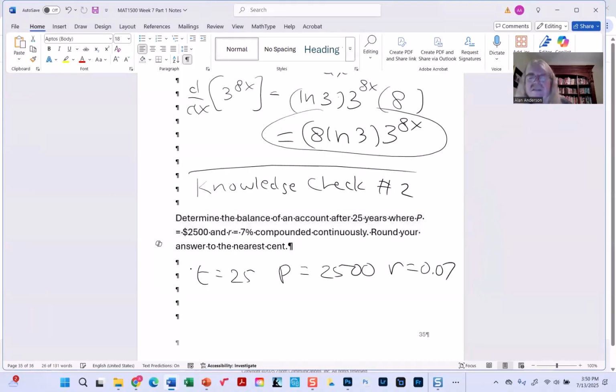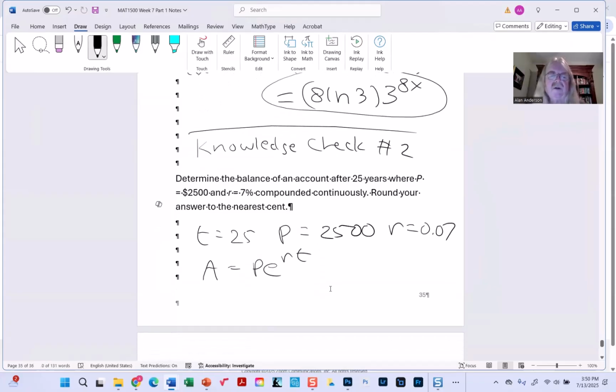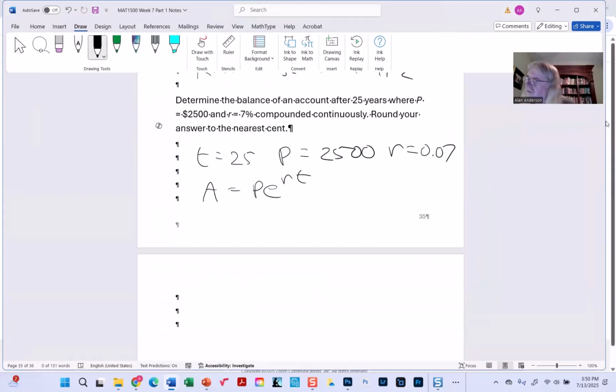The formula for continuous compounding is P e to the rt power, which means 2,500 e to the 0.07 times 25.